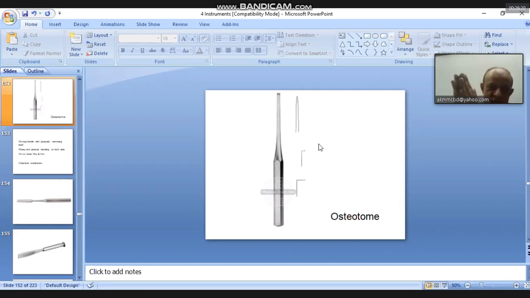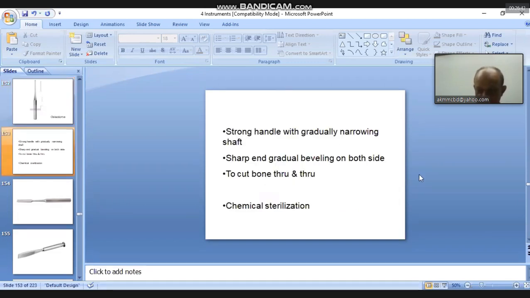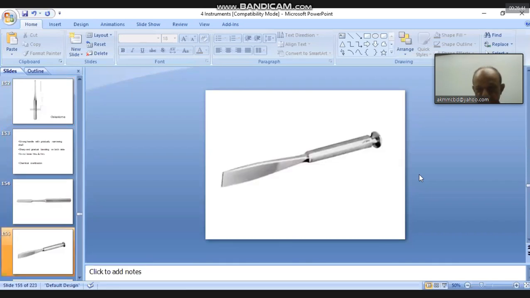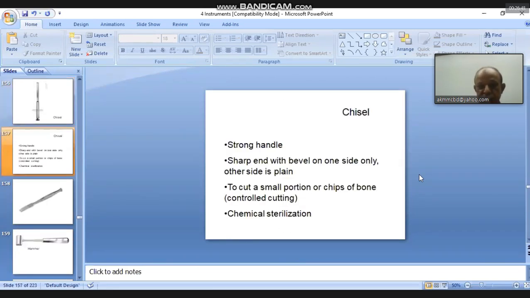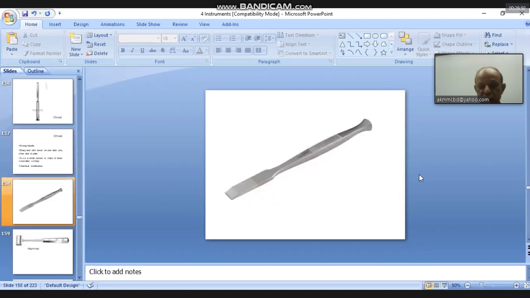But in chisel, it is something like slicing the bone, when only a part of the bone is removed, not all the bone through and through. Then we have to use the chisel. Okay, then these are the difference between osteotome and chisel. Please see the book carefully and try to understand the difference between osteotome and chisel.